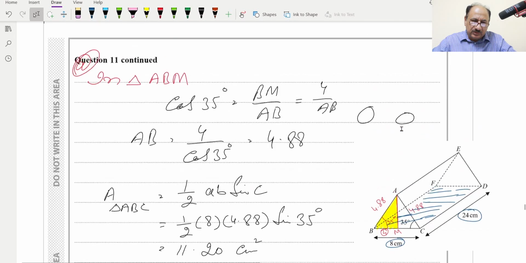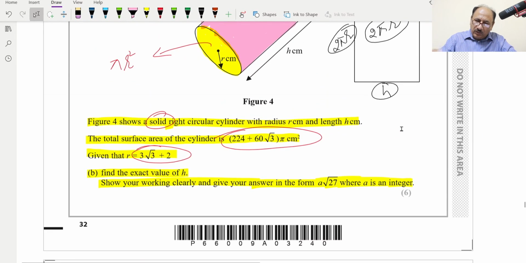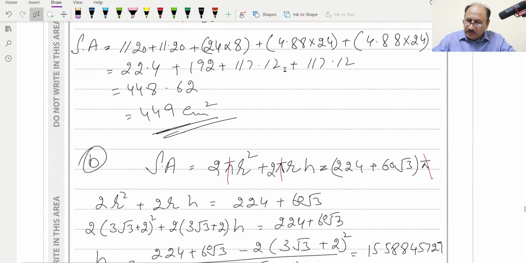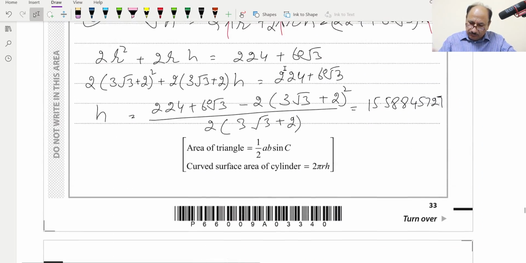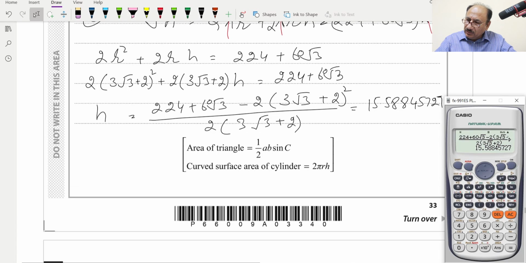Now the condition of the question is that we have to provide the answer in this format, a under root 27. So we will check, for example, 2 under root 27 will be equal to what? This will be 10.39, but our answer is 15.588.